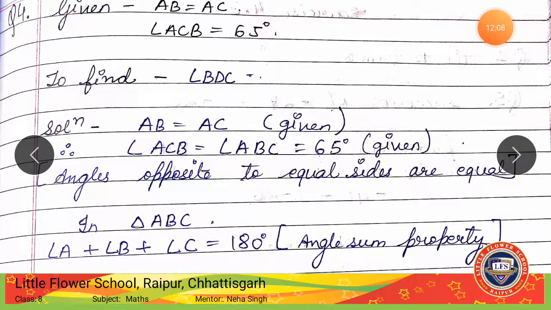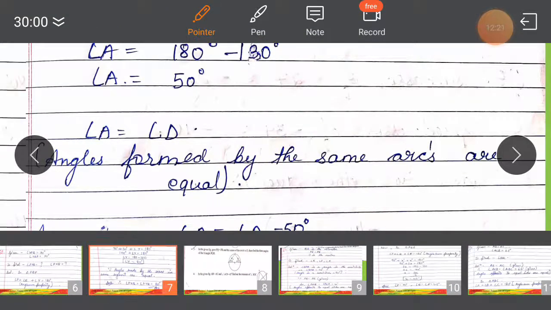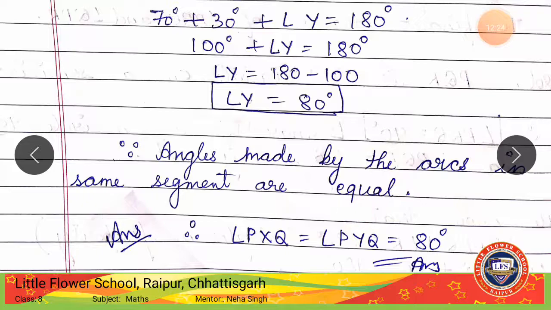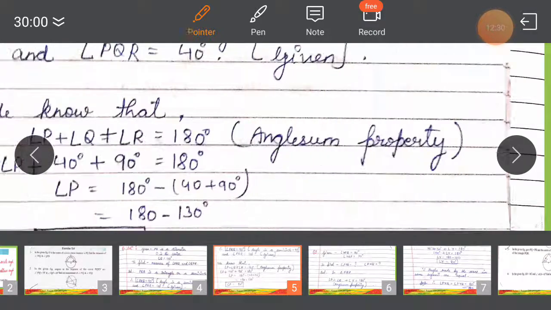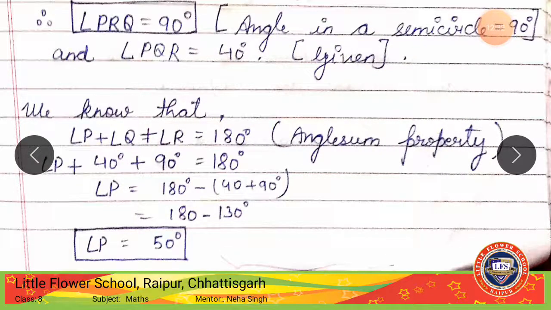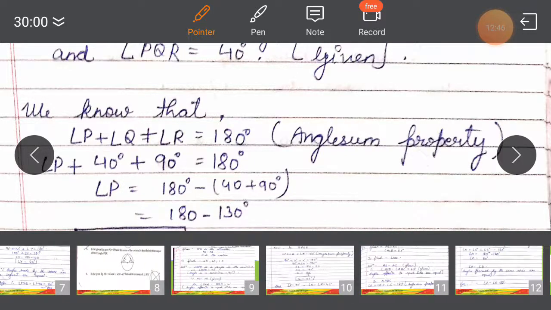Through the angle sum property only we know that the sum of angles will always be 180 degrees, right? Like this you are going to write it in each of the questions. Like in previous questions also, I have mentioned the reason why we are making them equal or why we are eliminating them. See, angle sum property is used in almost every question here because we are dealing with triangles, right? And for angle in a semicircle, whatever points you are using, you write them.